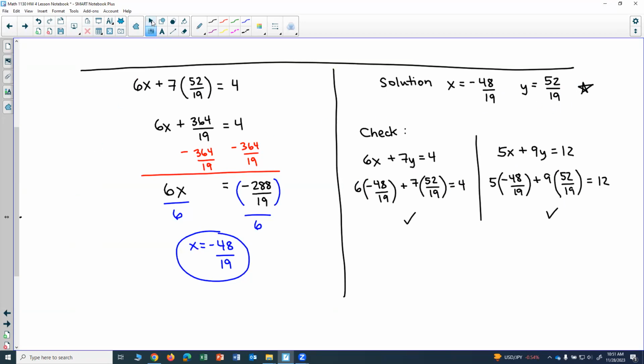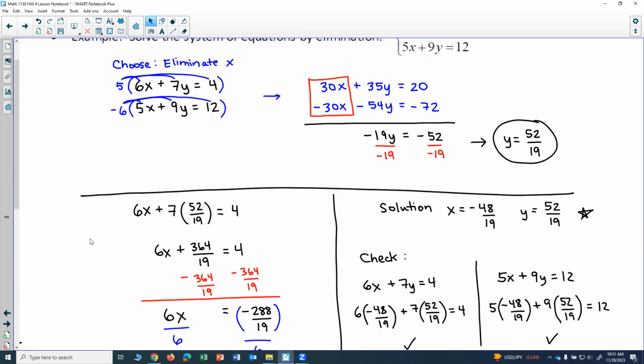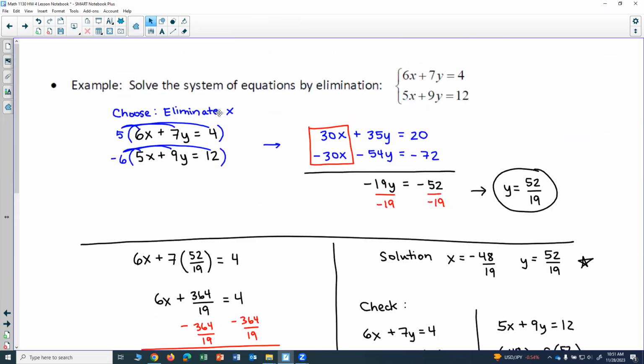So let's really quick review the steps. So what we did was we chose a variable to eliminate. We multiplied each equation by a separate number so that I would get the same coefficient with opposite sign in front of the variable that I picked to eliminate. Once I did that, I added my equations together and I only had one variable remaining.